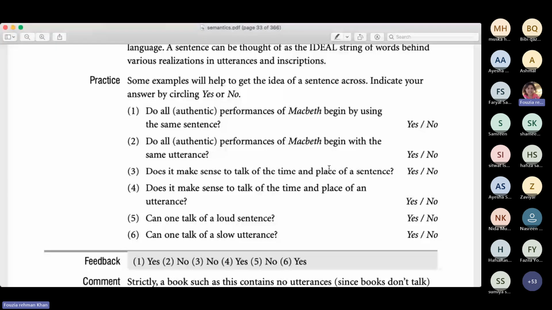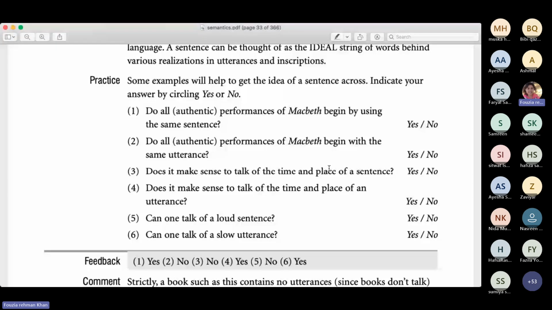Okay, so how many people are done? 13 people have done out of 70. Okay, Shamina, I got your reply. 19 people are done. Okay, let's do it together because the recording is going on, so we cannot wait for long.